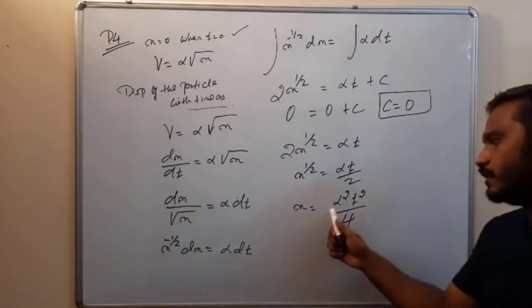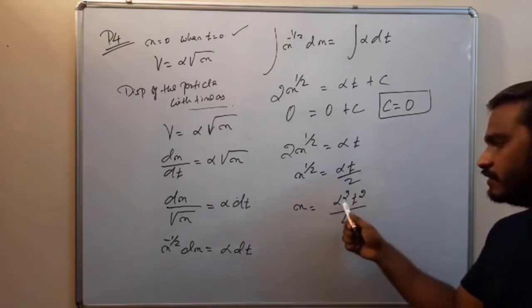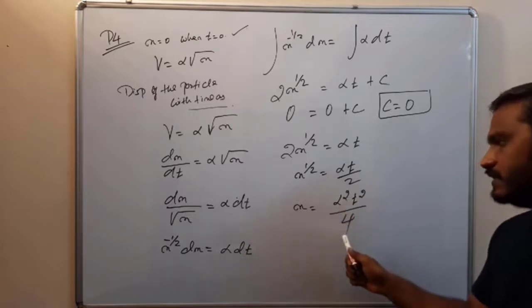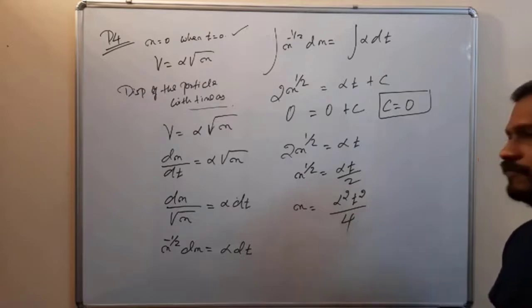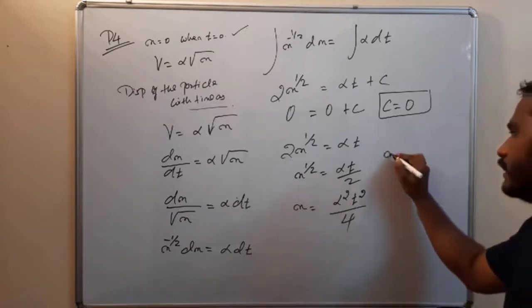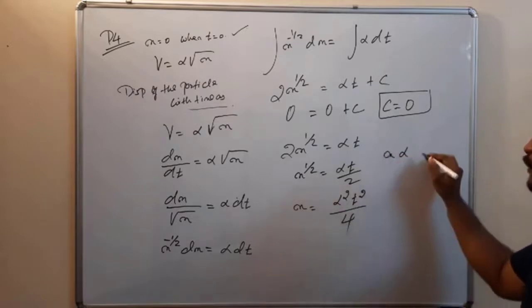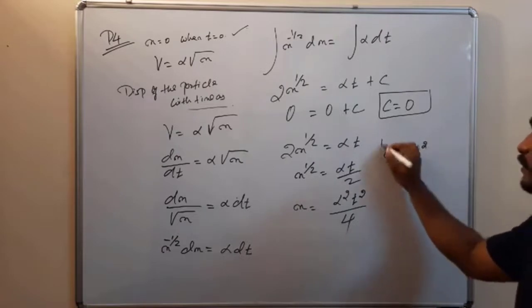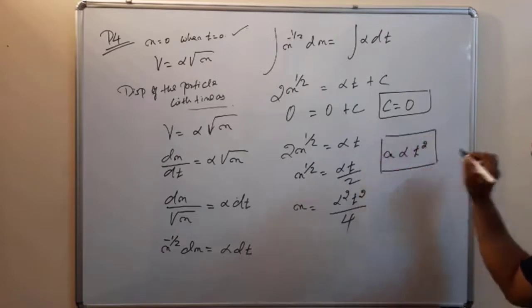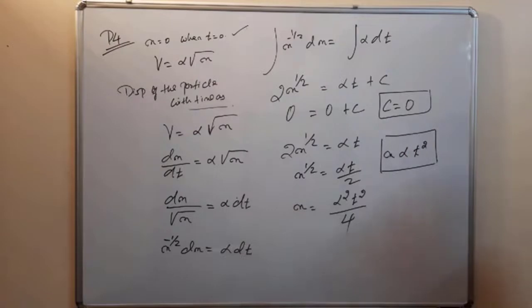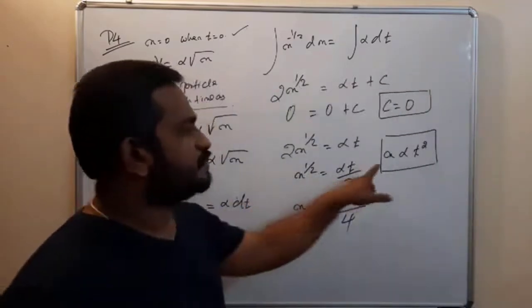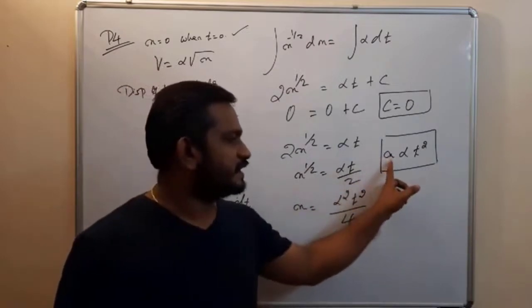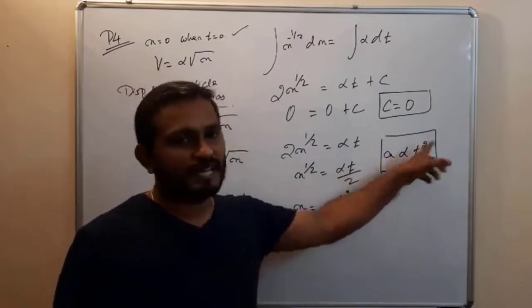Here alpha is a constant, so alpha square is constant, and 4 is constant. So x is equal to some constant into t square. From that we can write that x is directly proportional to t square. So the relation between displacement and time is that displacement is proportional to the square of the time.